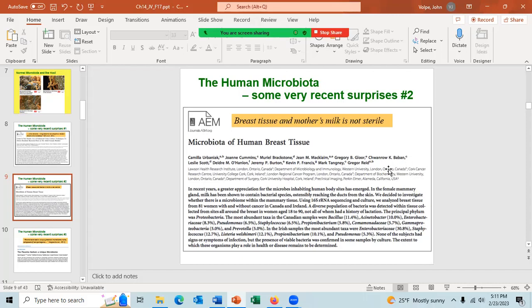But it is a little surprising that mother's milk is not sterile and has a normal microbiota, and it is internal, but it is secreted externally. Everybody knew that when the baby gets mother's milk from outside, it will have microbes from the outside of the nipple. So no big deal, but it's interesting that the baby gets a normal microbiota from his own mother's milk.